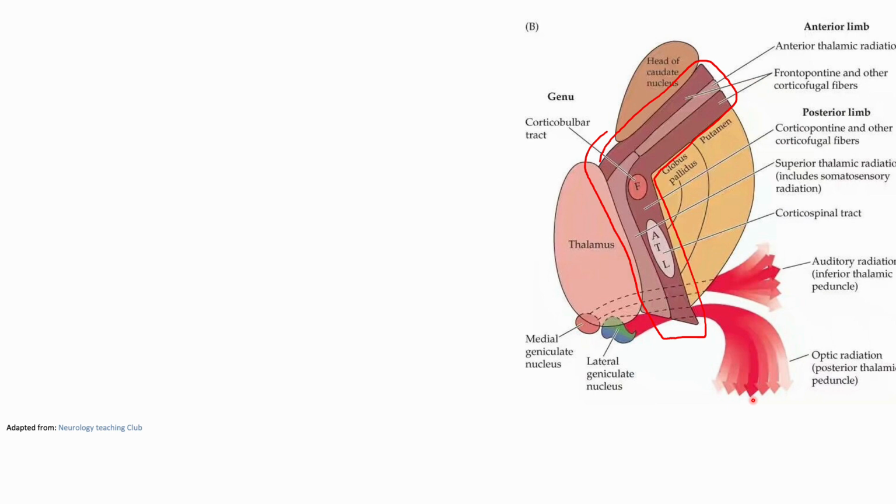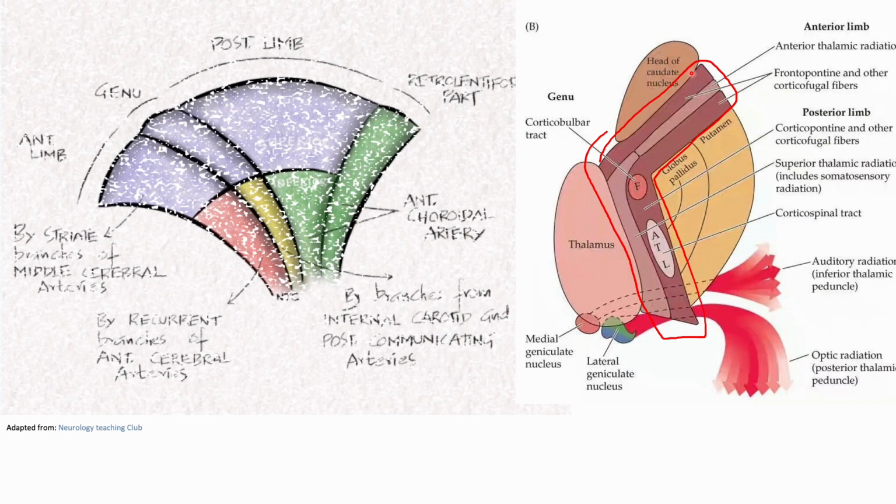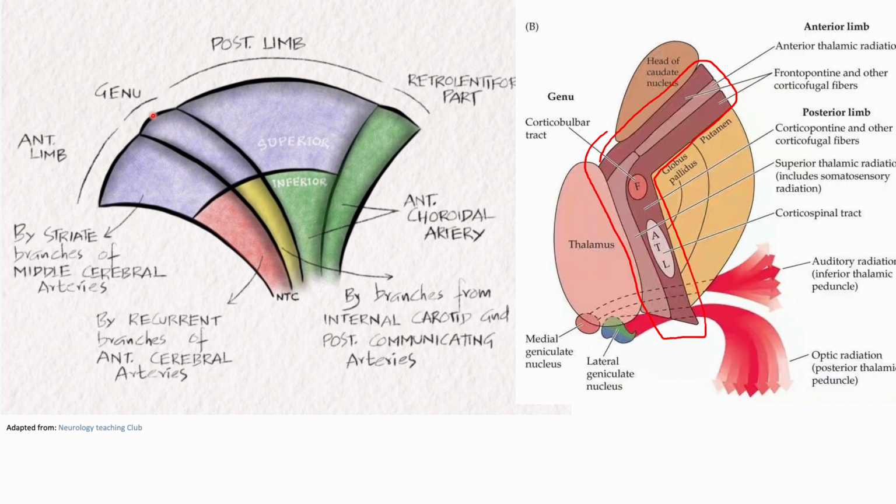Okay, guys, and that's why the internal capsule is kind of condensed fibers going up to the cortex, going down from the cortex. And because it's mostly supplied by the MCA, you can see here the lenticulostriate artery highlighted in blue supplies the entire superior portion of the internal capsule: anterior limb, genu, and posterior limb.